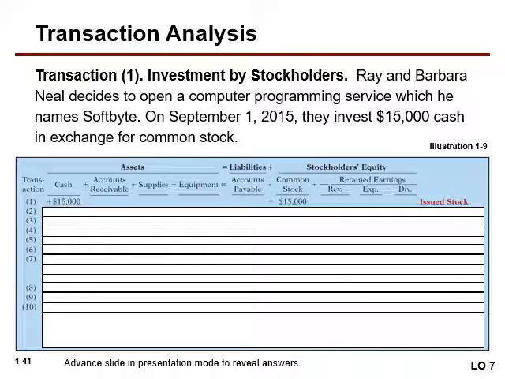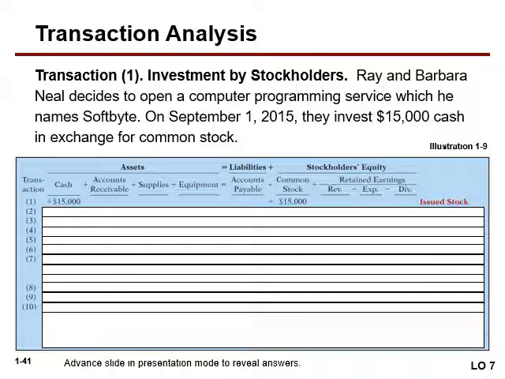In this transaction, 15,000 cash increases on the left side, one kind of asset increases, and at the same time common stock on the right side increases by the same amount.